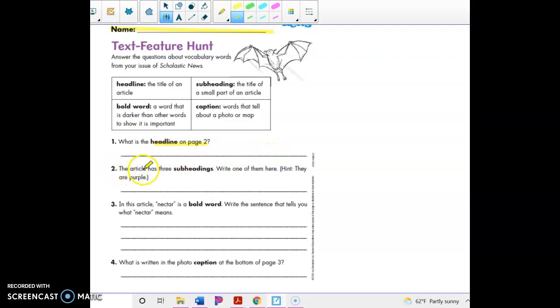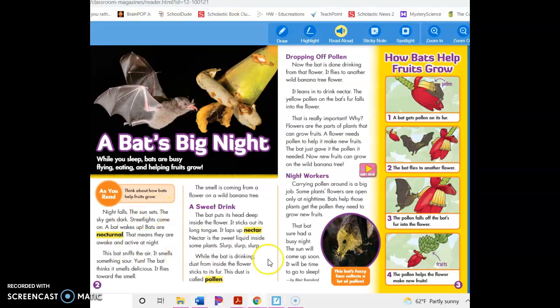Question 2, the article has 3 subheadings. Write one of them here. Hint, they are purple. So let's take a look. On pages 2 and 3, there are 3 subheadings. They are in purple.